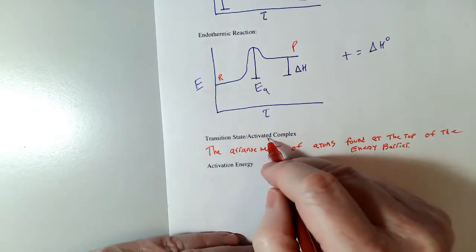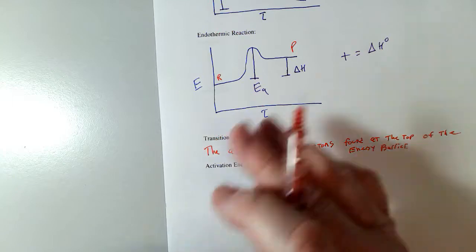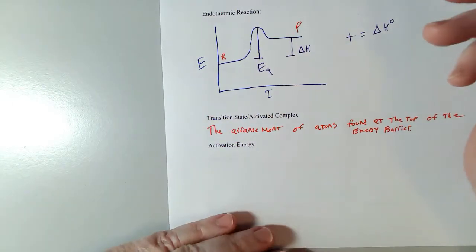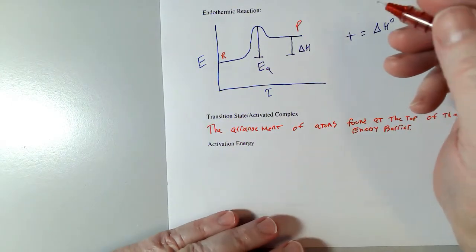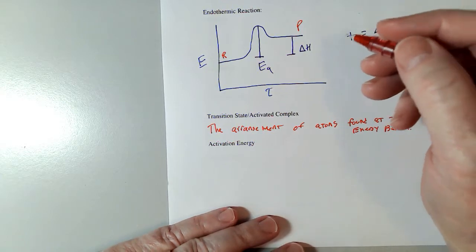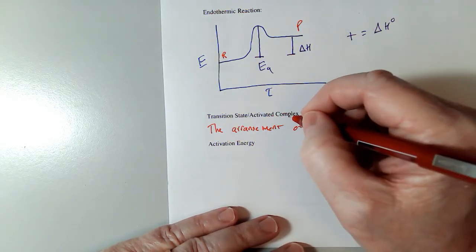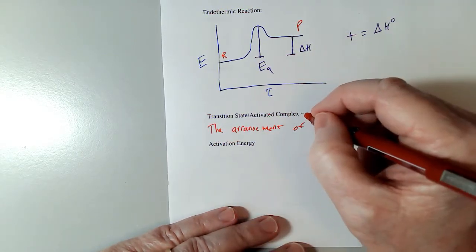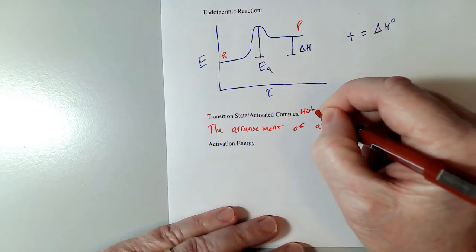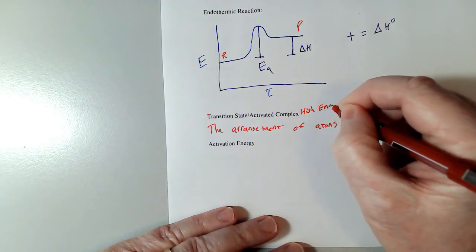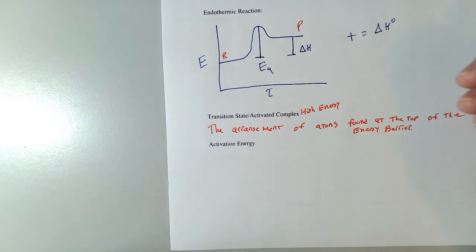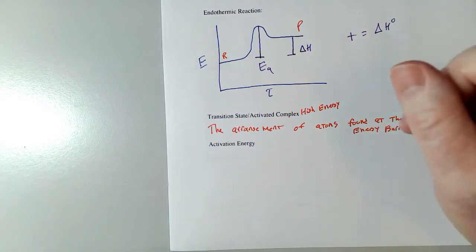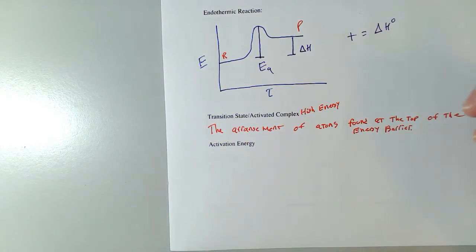Is transition state the exact same thing as activated complex? Basically, yes. In slightly more technical terms, we say the activated complex is very high energy, and a transition state might not be that high of an energy. That's all. We use them almost interchangeably.